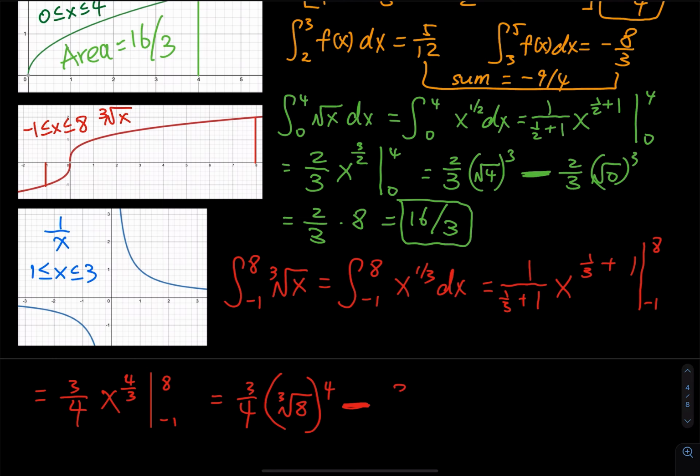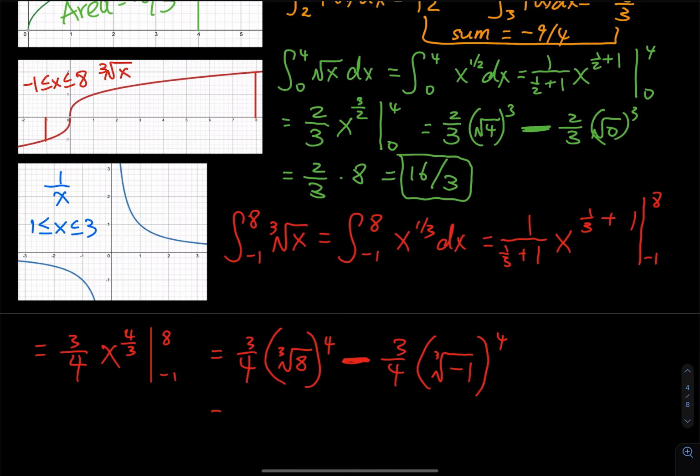Minus 3 over 4, and then you have a -1, the third power, and then you raise that to the 4th power. And then at the end of the day, 2 raised to the 4 is 16, so 3 times 4, 16 minus 3 over 4, so this is just a 1. And then you have 45 over 4.